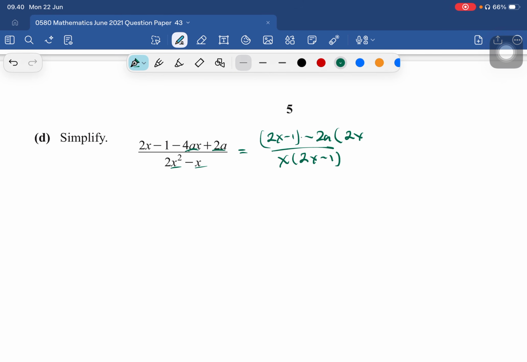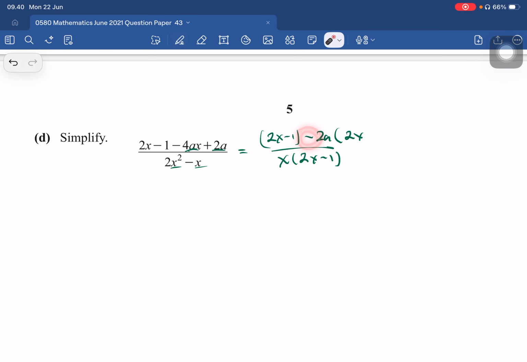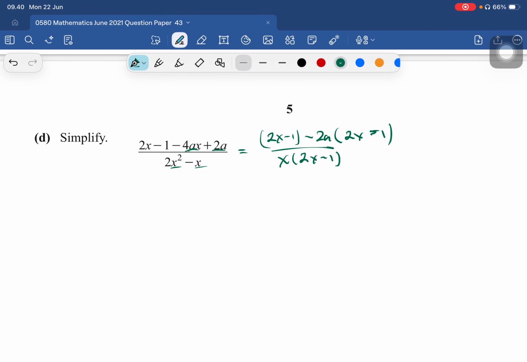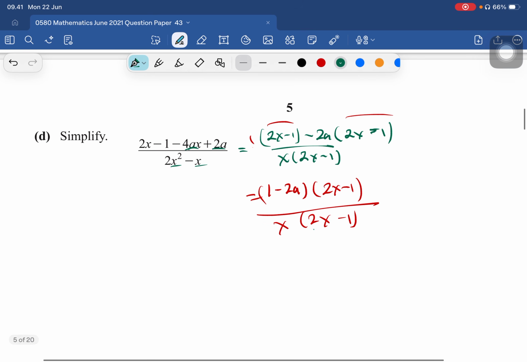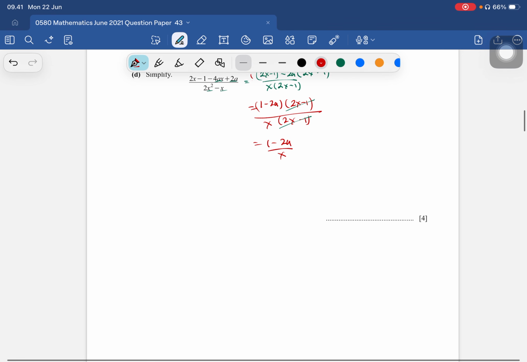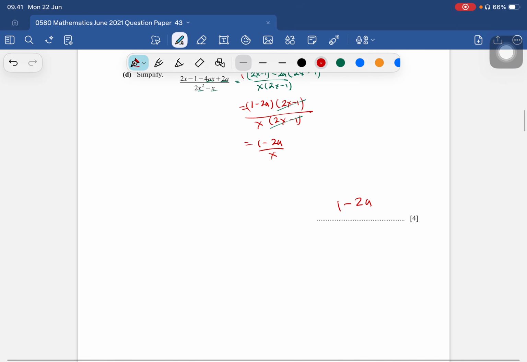Since this is a negative sign, we change it into negative 1. Okay, so here is 1 minus 2a, then we multiply by the bracket 2x minus 1, and divide by x times 2x minus 1. Okay, we got the common bracket, cross it out, so the final answer is 1 minus 2a over x. Yeah, there it is. Thank you.